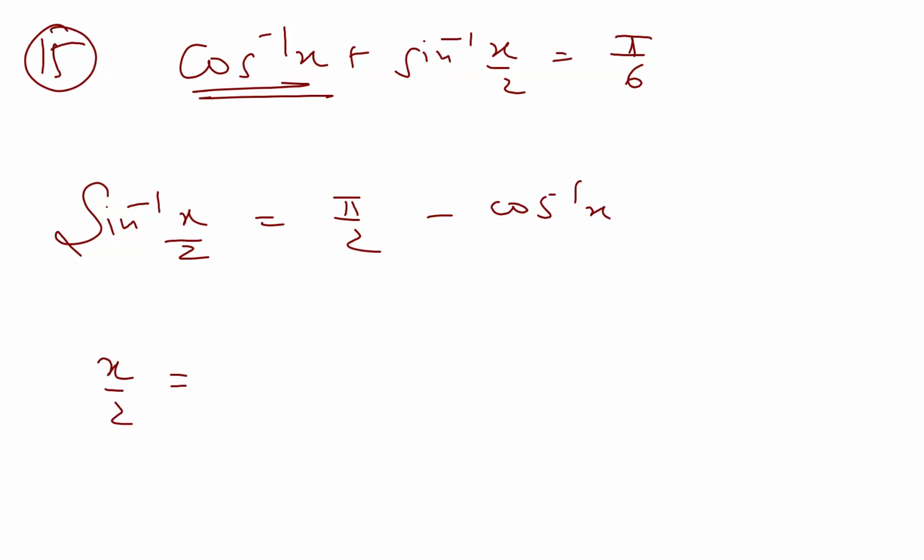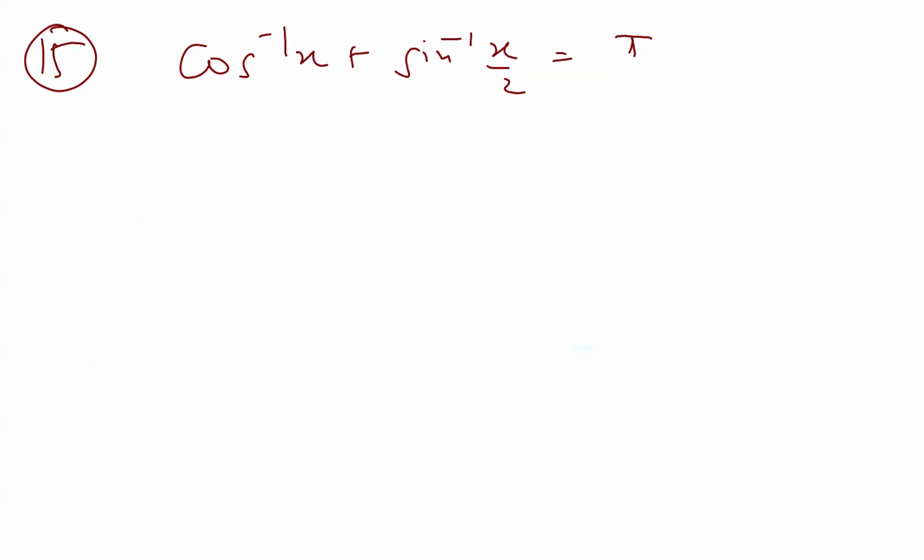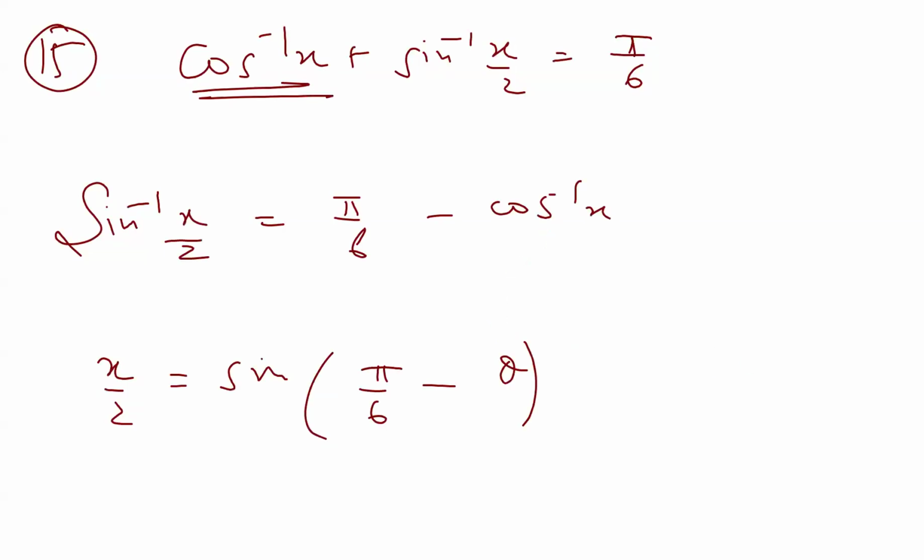So x by 2 is equal to sine of pi by 6 minus, let this be theta. Okay, just a small correction, sorry. This is pi by 6. So sine of pi by 6 minus theta.